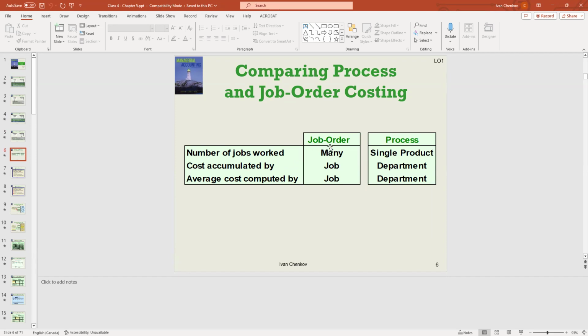Costs in job order costing will be accumulated to that particular job or order, whereas in process costing they will be accumulated for the entire department. The average cost in job order costing will be computed by specific order, whereas in process costing the average cost will be computed for the entire department and assigned to every single product. So all the products are going to have exactly the same cost.